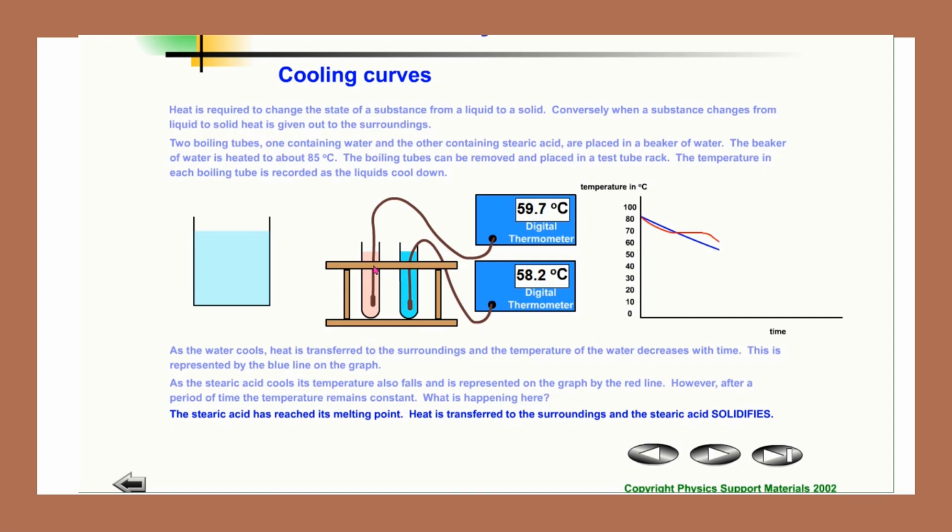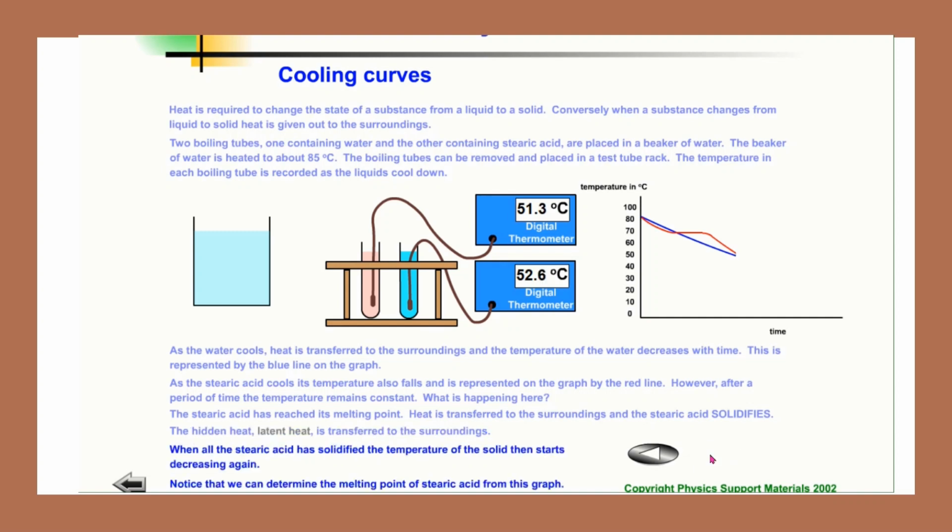So we've changed the state, and that's because at 68.5 degrees Celsius it reached its melting point or its freezing point. And heat is transferred to the surroundings because the stearic acid is solidifying. This hidden heat we call latent heat, and it's just transferred to the surroundings to warm up the surroundings.